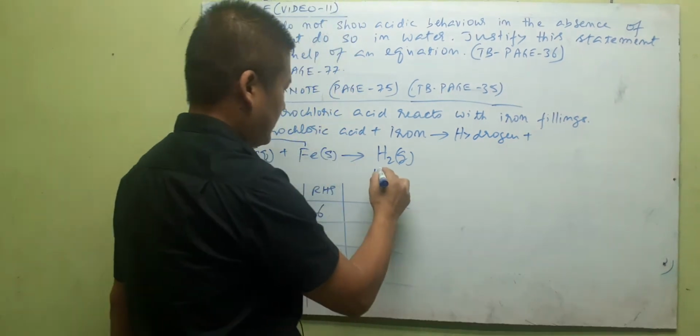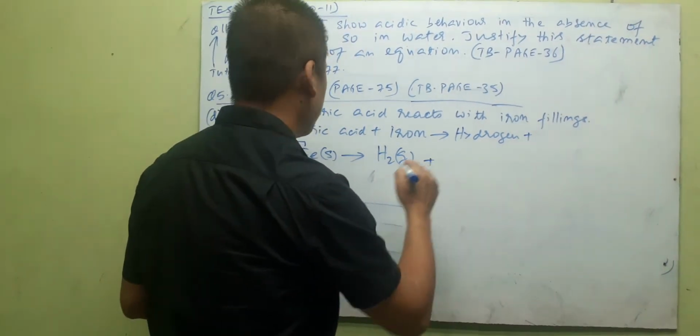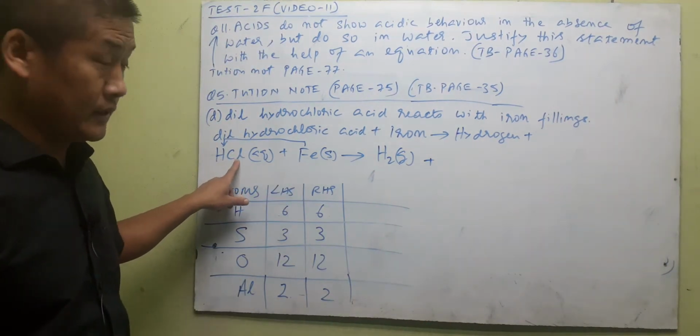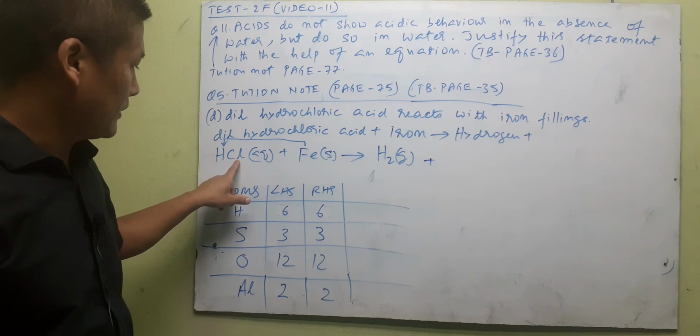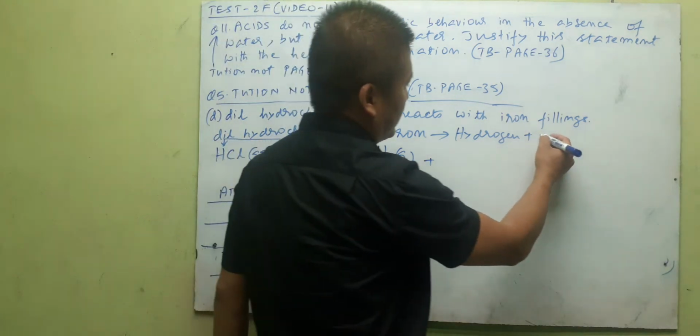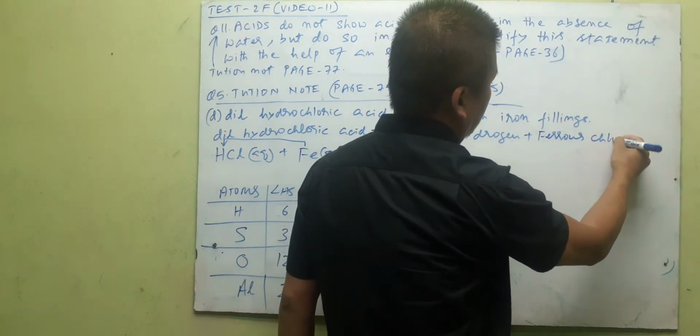Now it's not difficult to figure out what will be next. Once Fe takes the place of H and combines with Cl, that is iron chloride or ferrous chloride.